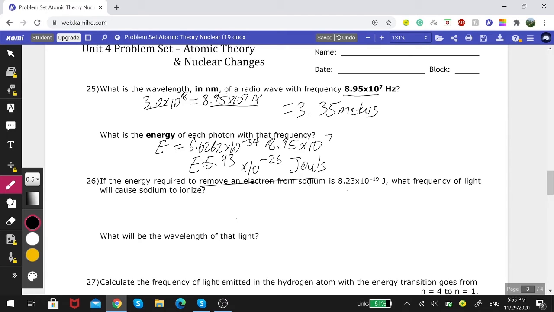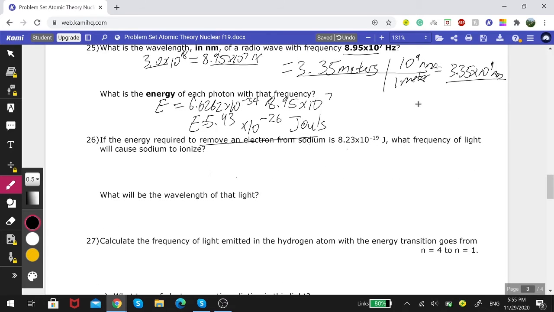Because remember, speed of light is in meters, so we're gonna have to convert this into nanometers. 1 meter contains 10 to the 9th nanometers, which means it's basically 3.35 times 10 to the 9th nanometers.